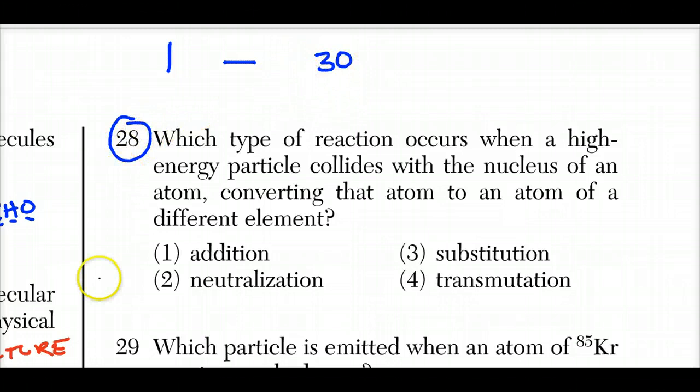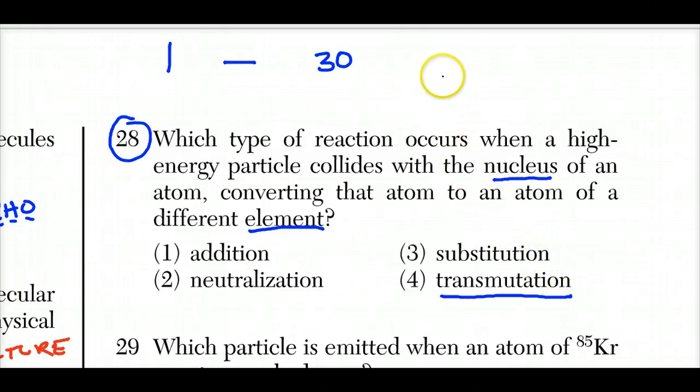We're at the end of 1 through 30, so we're in the last unit, which is nuclear chemistry. But when you collide with a nucleus and you make a different element by changing that nucleus by a collision, we call that transmutation. We're mutating the nucleus because it's changing its protons through a nuclear reaction.